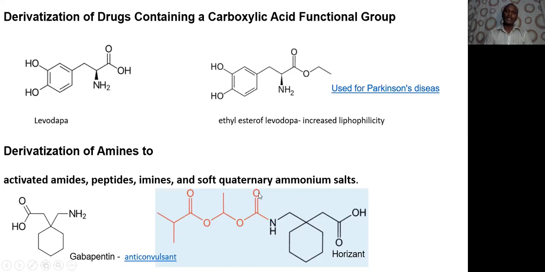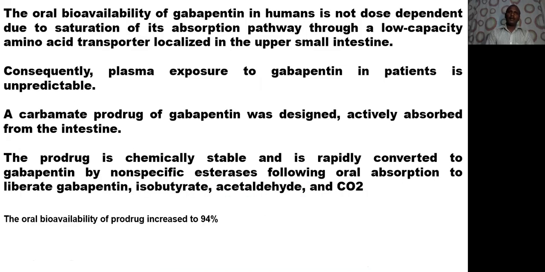So for activated amides, I converted gabapentin, which is an anticonvulsant drug, and this is a prodrug of this molecule, where the amine is converted into an activated amide. Normally, why have we converted gabapentin? The oral bioavailability of gabapentin is not dose dependent. So this you remember.